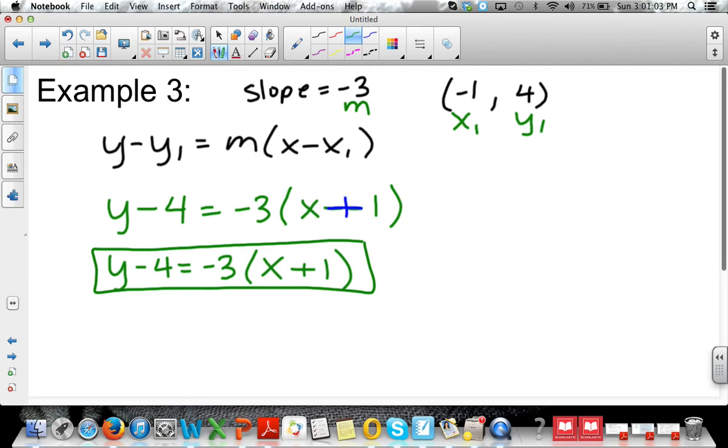Okay, now I do want to show you one example where slope-intercept form and point slope form really give you the same equation, just written differently. So let's look at this one. So y minus 4 equals negative 3 times x plus 1.